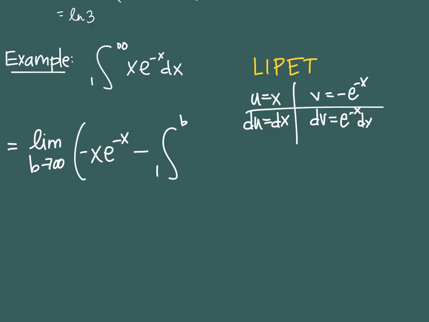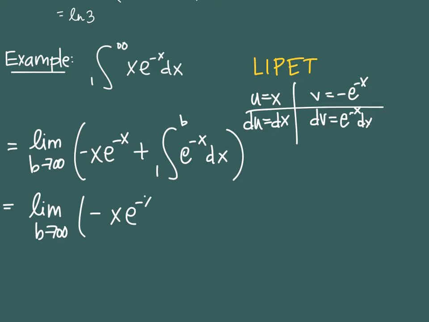Minus v du, so which will end up to be a plus e to the negative x dx. And that has an easy antiderivative. So negative x e to the negative x minus e to the negative x plus c going from 1 to b.